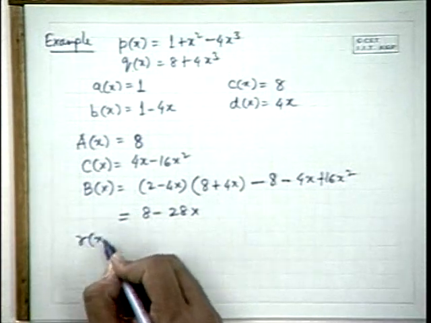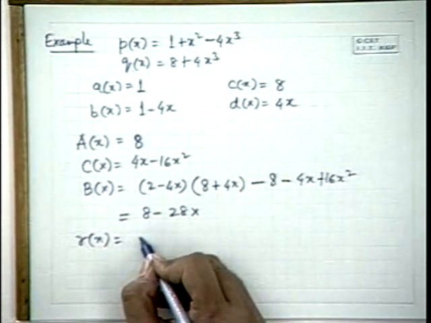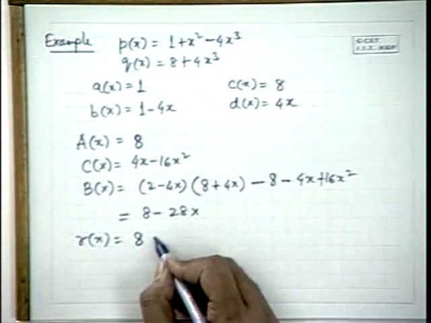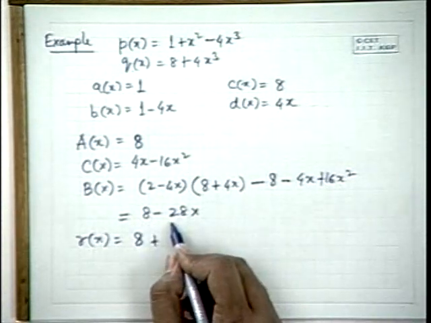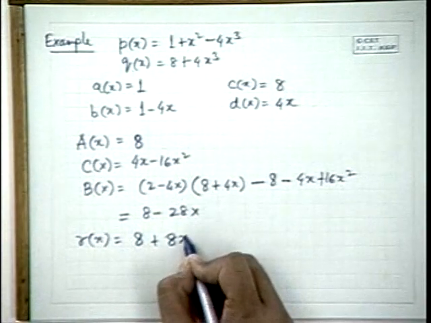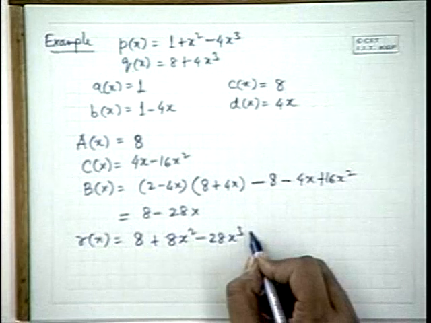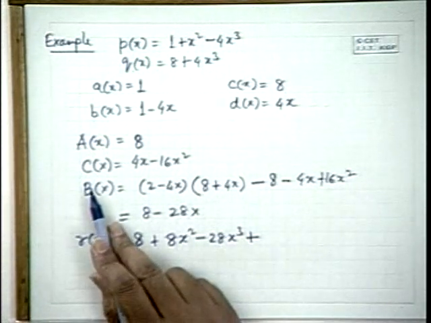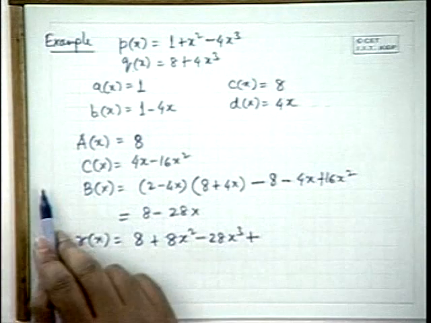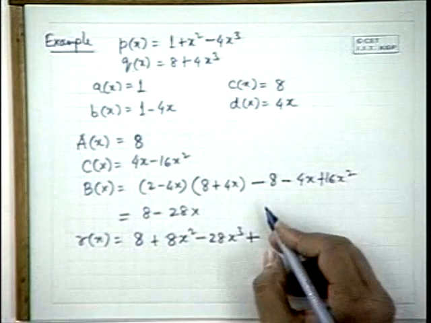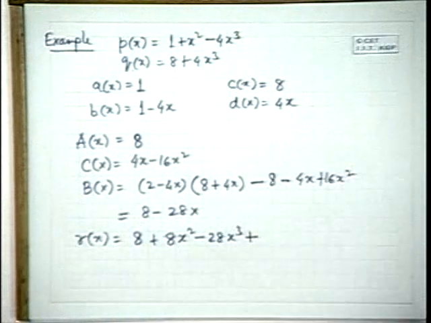So your Rx, you know by this formula, is Ax plus Bx times x square, which is 8x squared minus 28x cube, plus Cx times x to the power n. What is x to the power n? x to the 4.